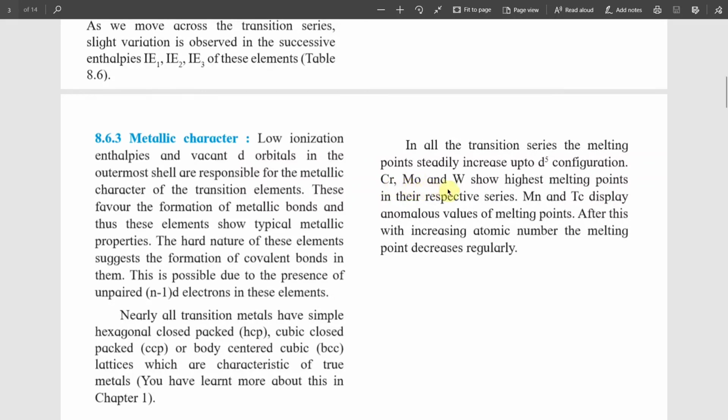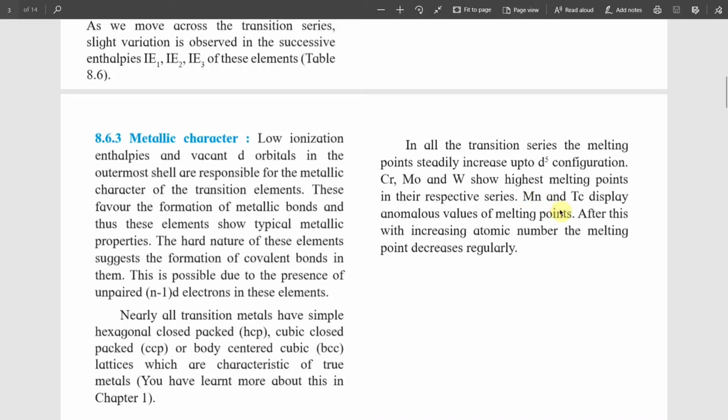In all transition series, the melting points steadily increase up to the d5 electronic configuration. For example, chromium, molybdenum and tungsten have the highest melting points in their respective series.